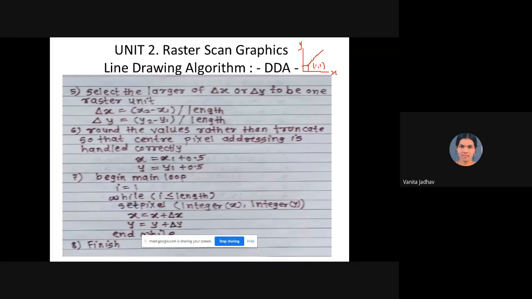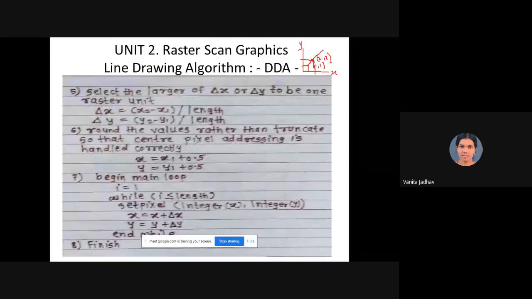So this next pixel may have the values, say 2, 2. So how to calculate this 2, 2? 2 is nothing but 1 plus 1. It means I'm adding something to the x value and something to the y value, and then I'm able to get the x and y of the next pixel. Yes, are you getting my point?